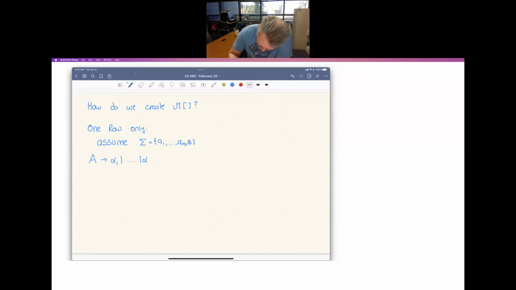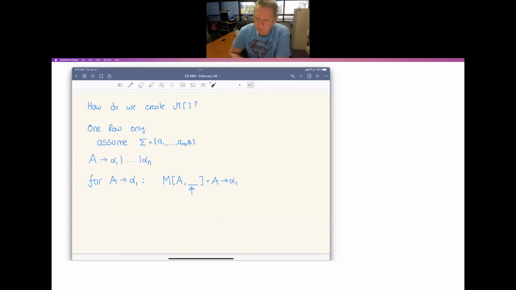And I'll make that an N. So then for A goes to alpha 1, M of A comma something is equal to A goes to alpha 1. What goes there? Well, some of those.